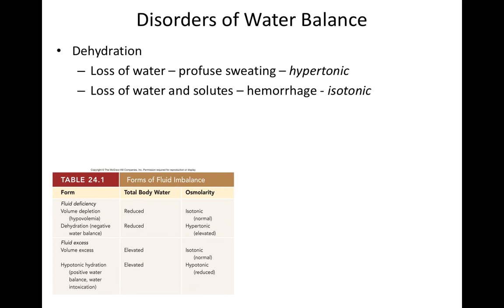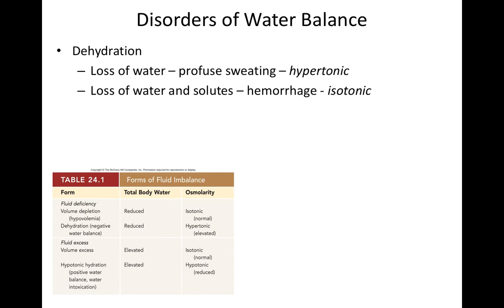So here is where we can kind of differentiate the difference and why we have both ADH and aldosterone. So when we are losing water alone, ADH is a better hormone to release because it's going to draw water back in as opposed to sodium. We're already hypertonic.